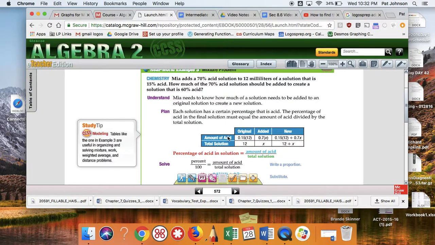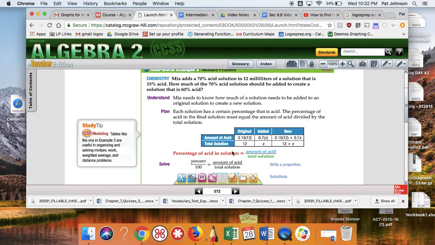So if we say the amount of acid, it's going to be what? 0.15 of what? 12 milliliters plus, we're adding 0.7 of some solution amount, X, and that is going to equal the sum of these two.